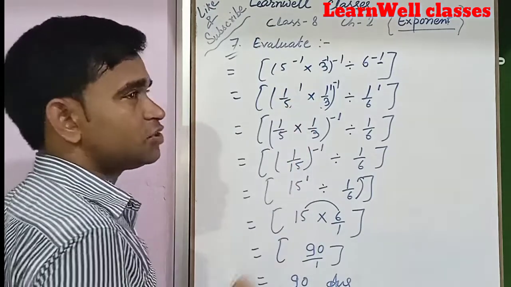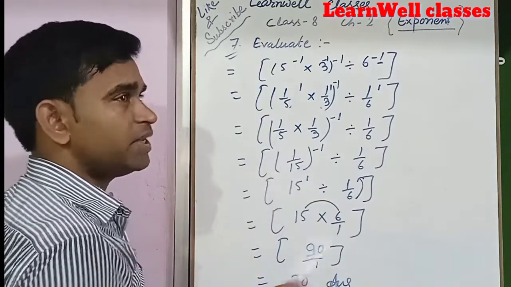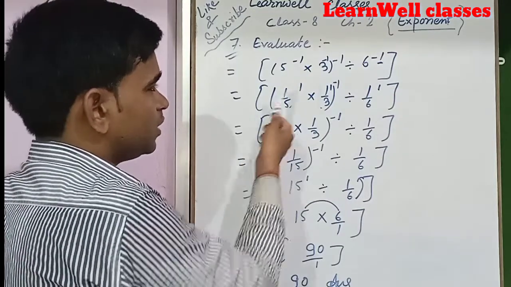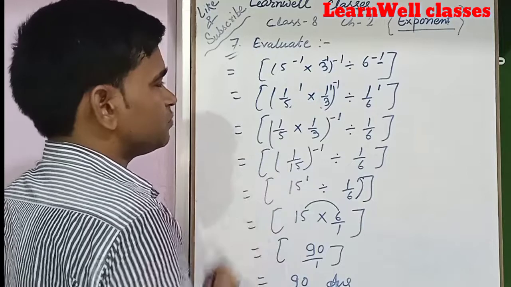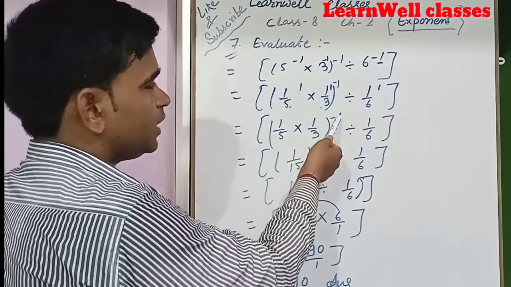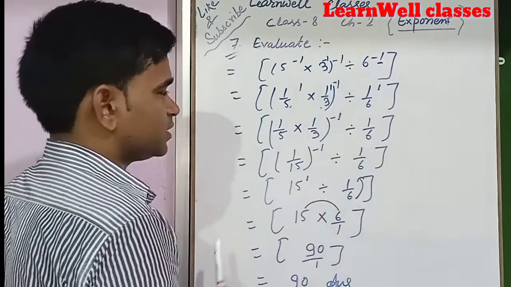When the exponent is 1, we get the number itself, like 1 upon 5 raised to the power 1. We find 1 upon 5 into 1 upon 3, and whole raised to the power minus 1, divided by 1 upon 6.